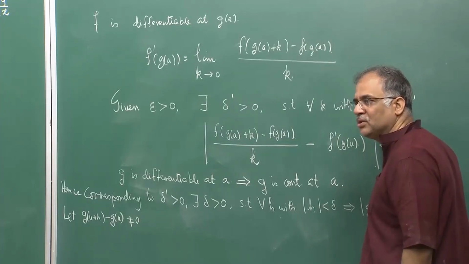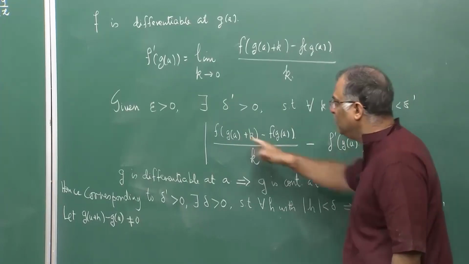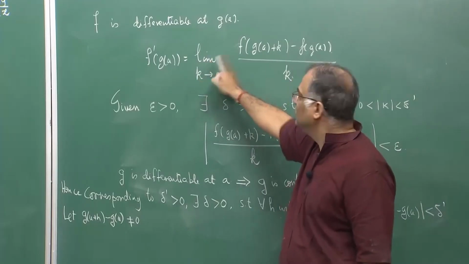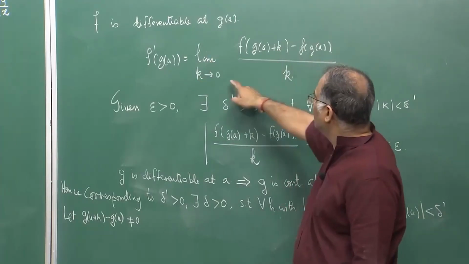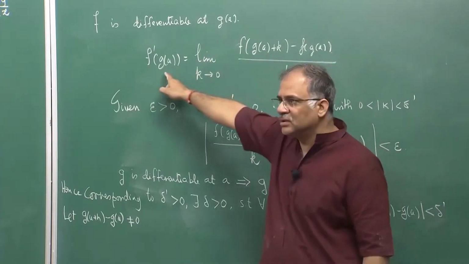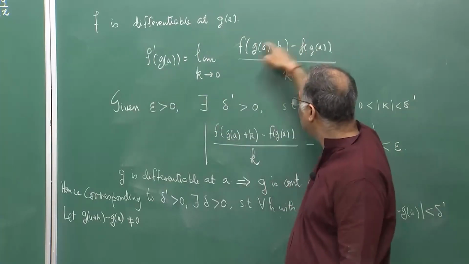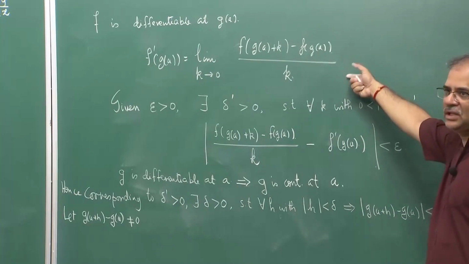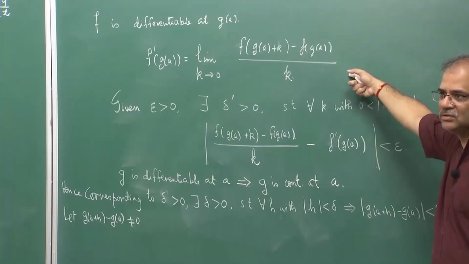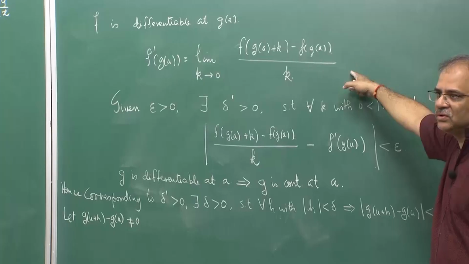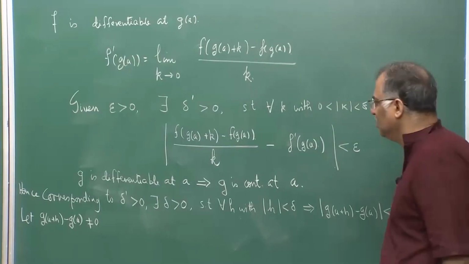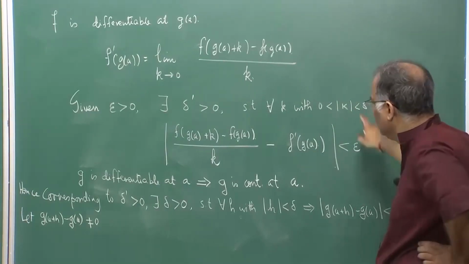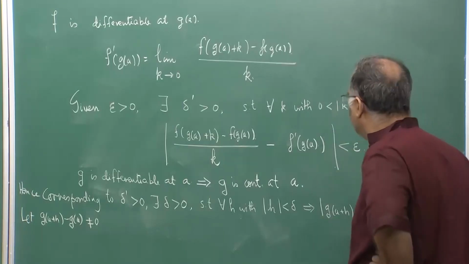You see, in a limit you would always take a punctured neighborhood. You are writing the definition of the limit. The functional value when k tends to 0 is not this. Of this differential quotient, this is not the functional value, because as k tends to 0, at k equal to 0 it has no definition. It is undefined at k equal to 0, this differential quotient, so that cannot be continuous. So this is correct, this is the standard definition of the limit.